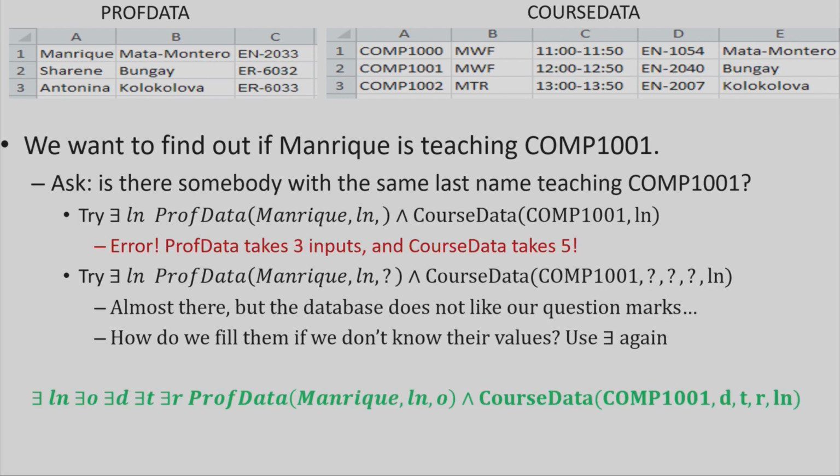So in order to actually make the formula, we need to use existential quantifier again and put existentially quantified variables in all of those places that we don't care about. So we do care about Manrique last name because this is what ties our two predicates together, but everything else you could just put some arbitrary letters.